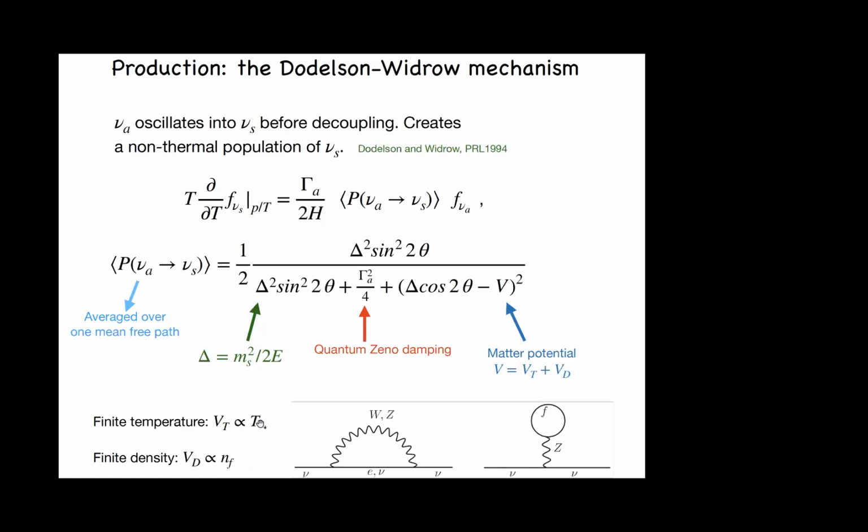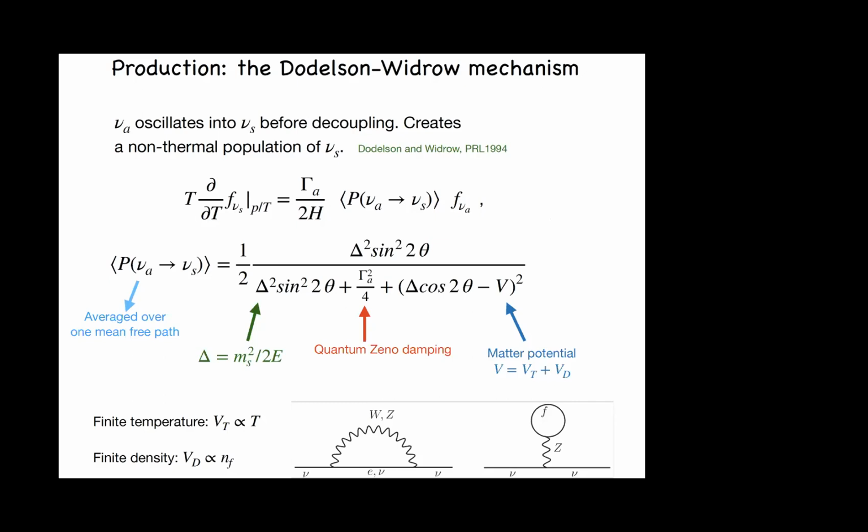The other interesting part out here is that the conversion probability has this interaction rate factor in the denominator. What this tells you is that if you go to a regime where these interaction rates are extremely high, this probability goes to zero. This limit is known as the quantum damping limit, because it tells you that if you are in a regime where the interactions keep on happening very fast, it corresponds to a regime where you're continuously measuring the flavor of the neutrinos at every point of time.